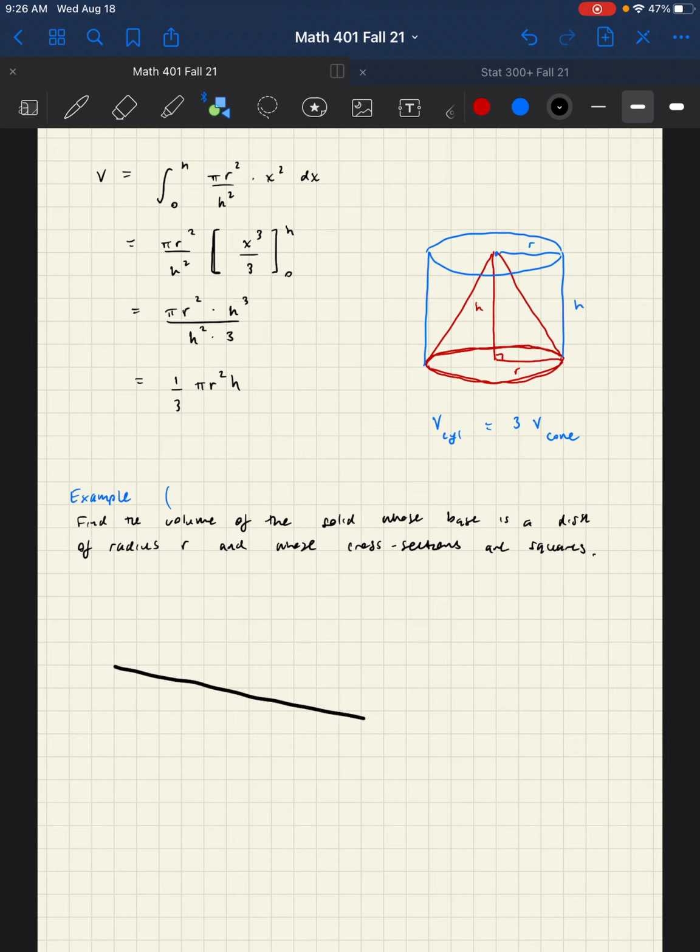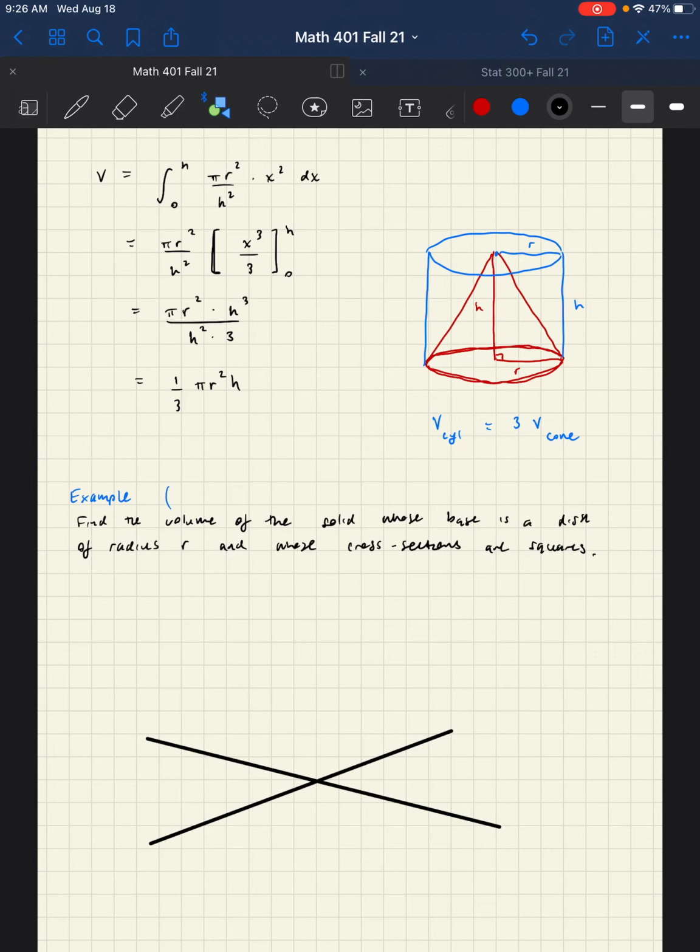So let me draw this for you, because I think it's hard to appreciate what this thing must look like. I'm going to try to make this as big of a drawing as possible. Okay, so here we have the y-axis and the x-axis. Its base is a circle of radius r.